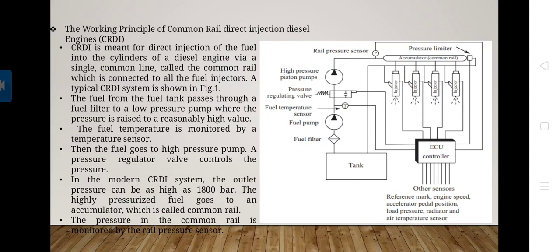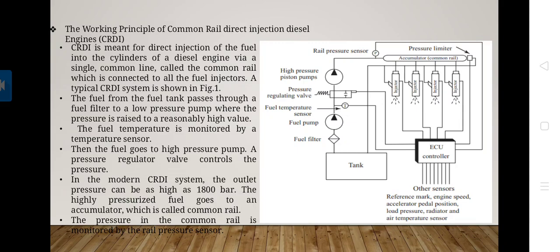These CRDI engines are more suitable for the diesel engine because common rail technology is intended to improve the atomization process by means of very high injection pressure, up to 1800 bar, whereas conventional diesel engines generate fuel pressure of around 300 bar for each injection repeatedly.